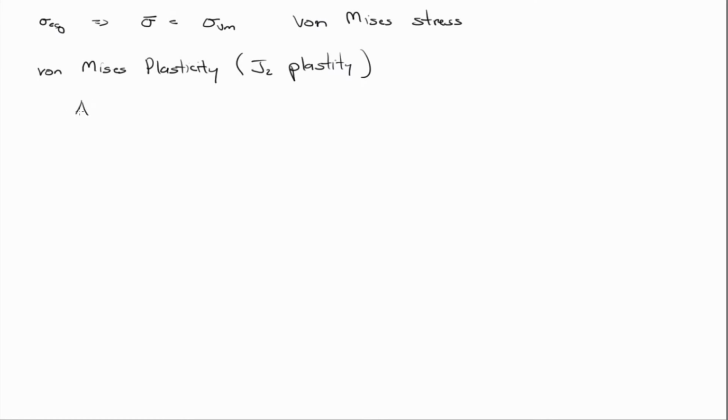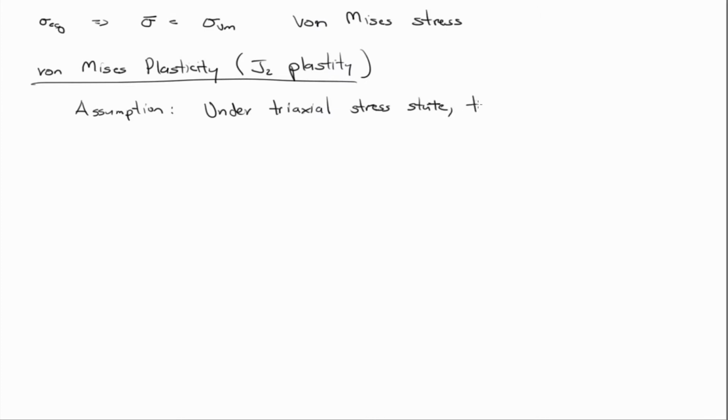In von Mises plasticity, we have an assumption that under a triaxial stress state, this is our complicated stress state, the material is yielding. That means it is plastic when the equivalent stress, or the von Mises stress, is greater than or equal to y.